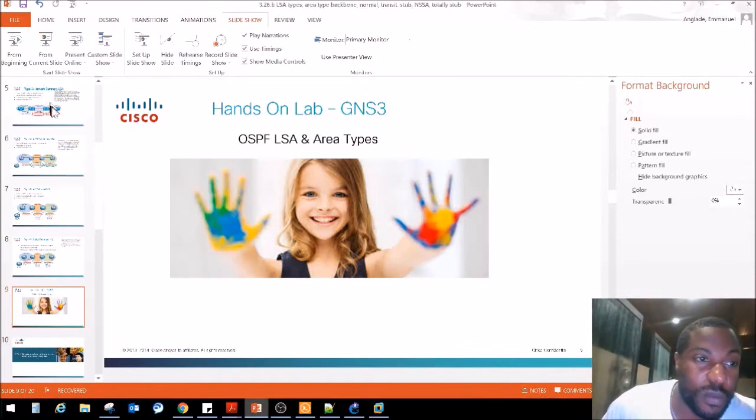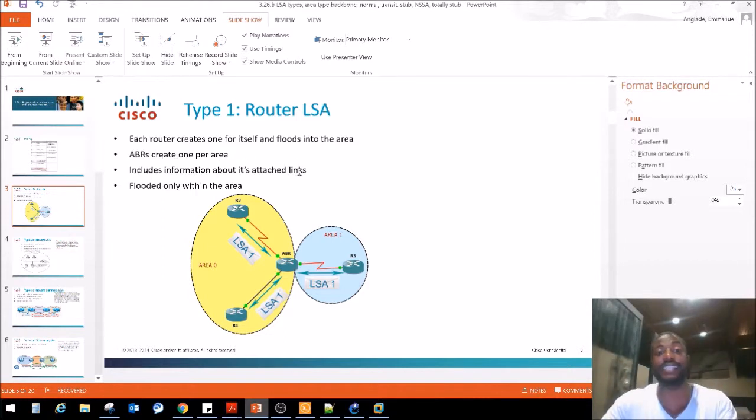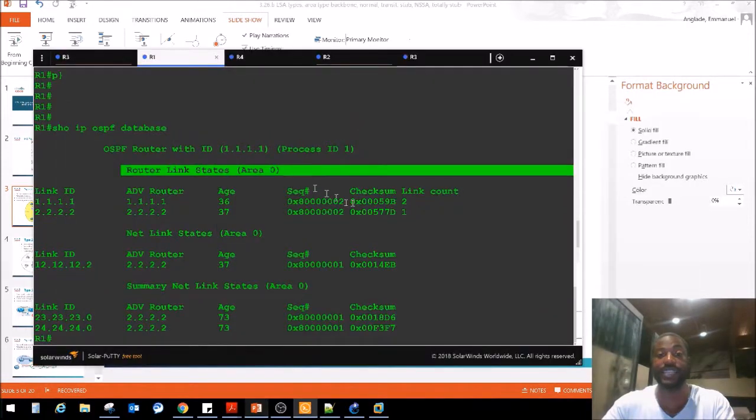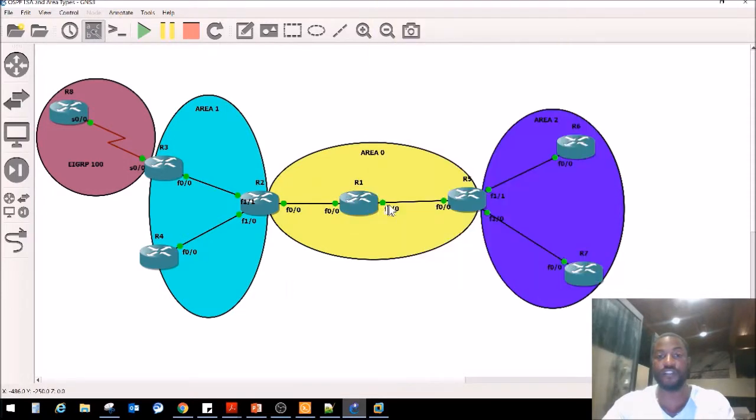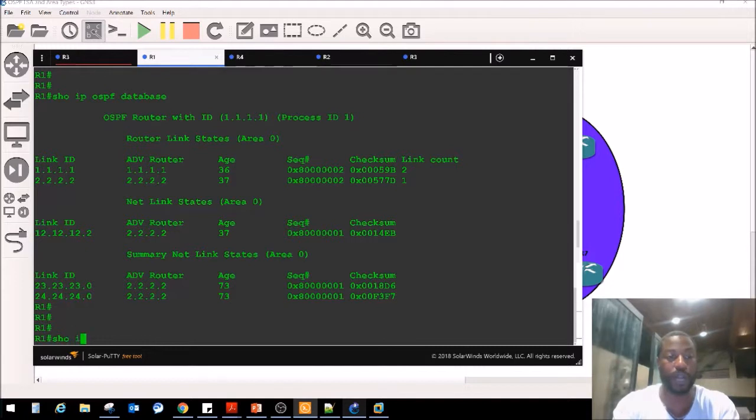Let's take a look at what Type 1 is again. Each router creates one for itself and floods it into the area. It includes information about its attached links. What are his attached links again? Router 1 has FA0/0 and FA1/0. How do we see that information? Let's just do show IP OSPF database.